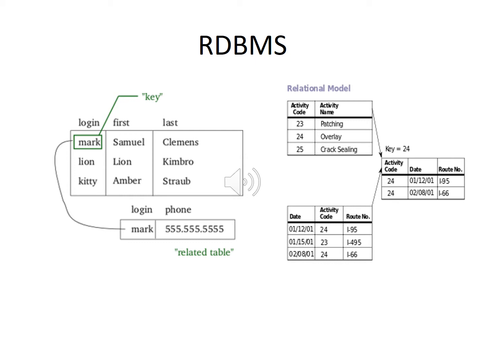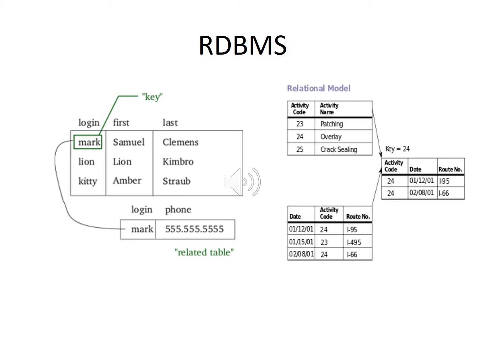So login in this case is the login name for each user in the first table. Samuel Clemens had created a login Mark, and that's how he's uniquely identified in that table. So we know that Lion Kimbrough or Amber Straub could not have created another login named Mark. So it's unique, and it's a primary key that identifies Samuel Clemens in that table.